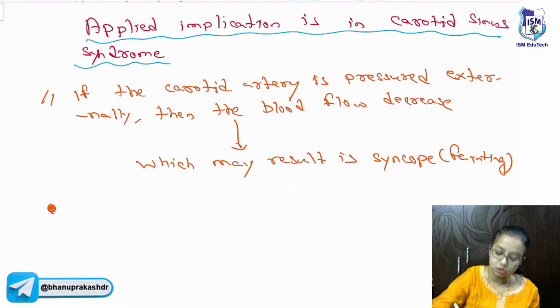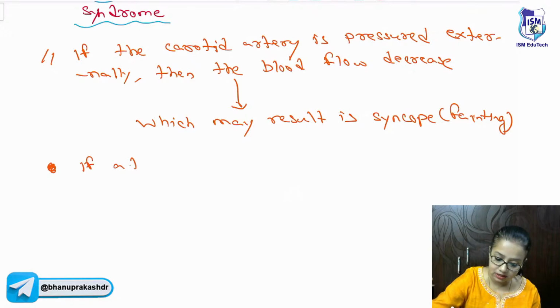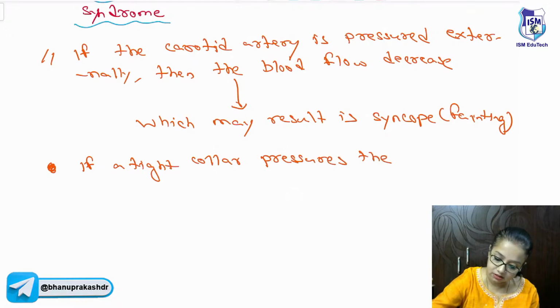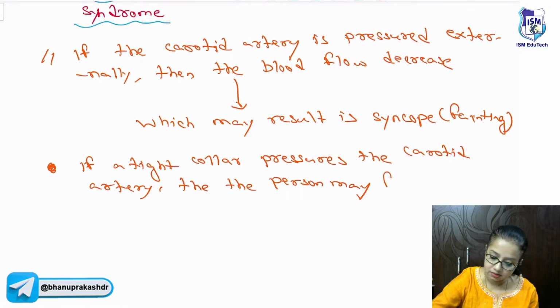So this is also a reason why some people just faint if they wear a very tight collar. If a tight collar pressurizes the carotid artery, then the person may faint. Okay, this is one thing.